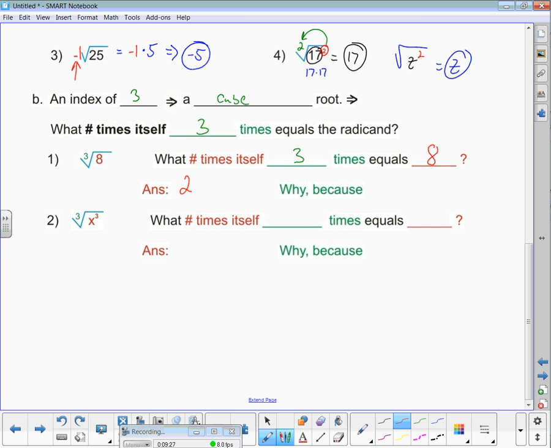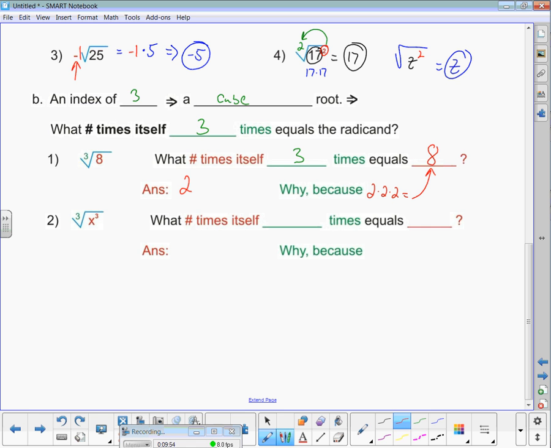Because again, over here to the right, 2 times 2 times 2 equals that radicand of 8. So what number times itself 3 times is an 8? The number 2. The number 2 is the answer. We've taken the cube root of 8. We figured out the operation of what number times itself 3 times equals that radicand of 8. And that's what we're doing here.